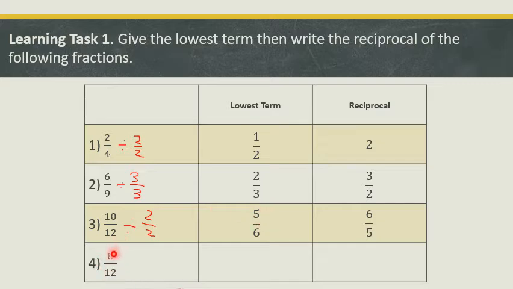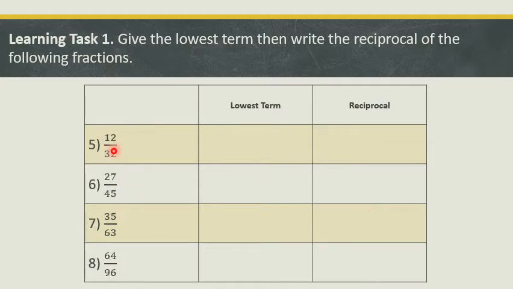Number 4, ang common factor ng 8 at saka 12 is 4. Kung nakalimutan ko paano hanapin ang common factor, hanapin nyo lang yung GCF. Then, 8 divided by 4 is 2, and 12 divided by 4 is 3. So, 2/3 po. Then, reciprocal ng 2/3 is 3/2.